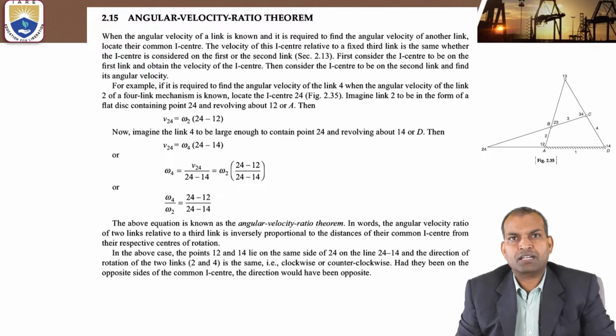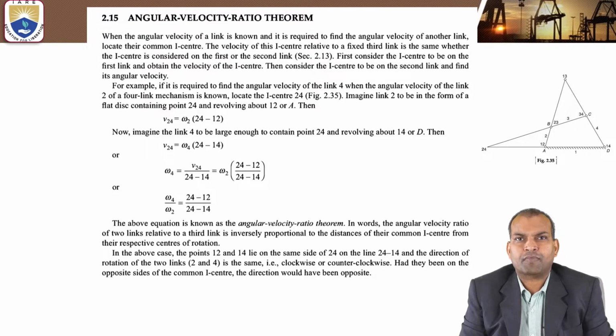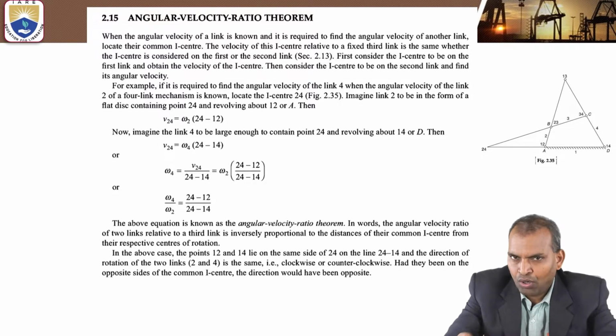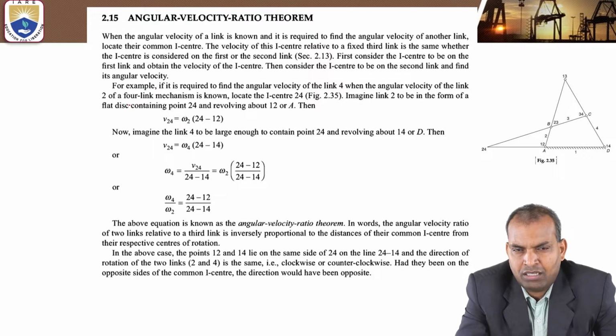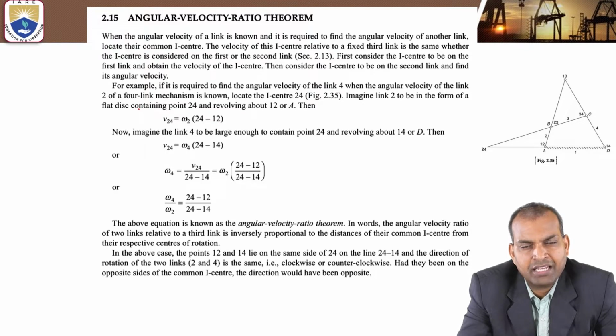So, a very important concept now. This is the angular velocity ratio theorem. So what is this angular velocity ratio theorem? If we know the angular velocity of one link, and we want to find out the angular velocity of another link, how do we find it?